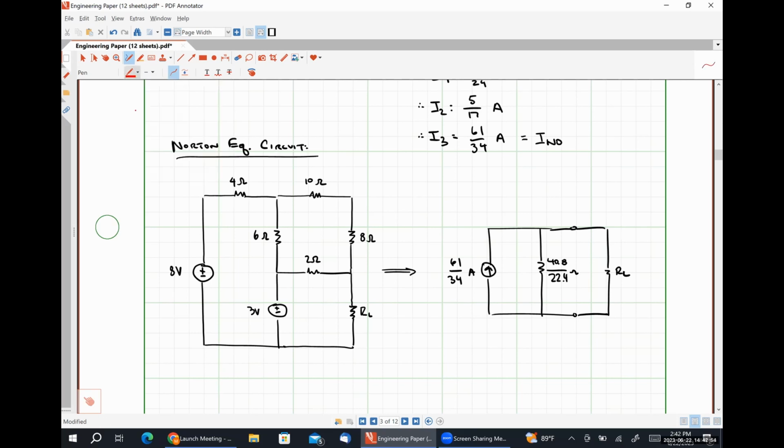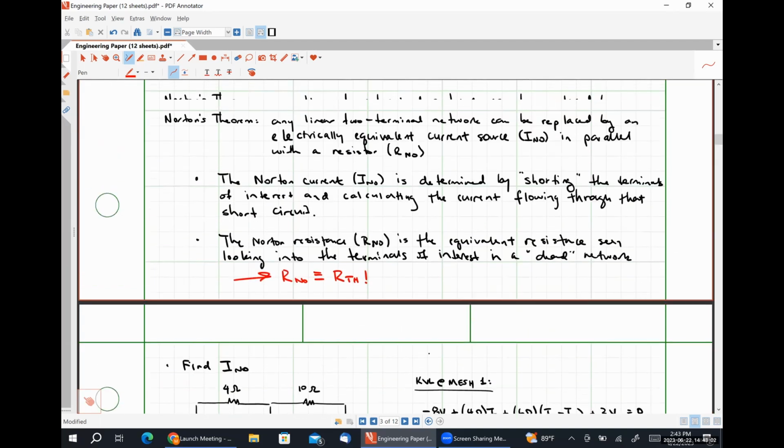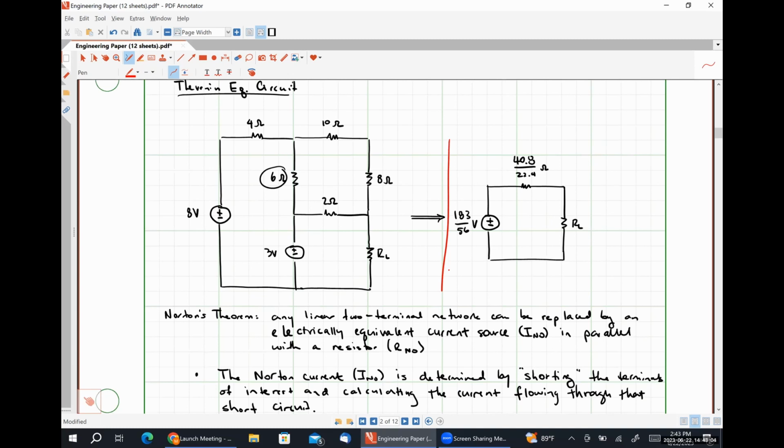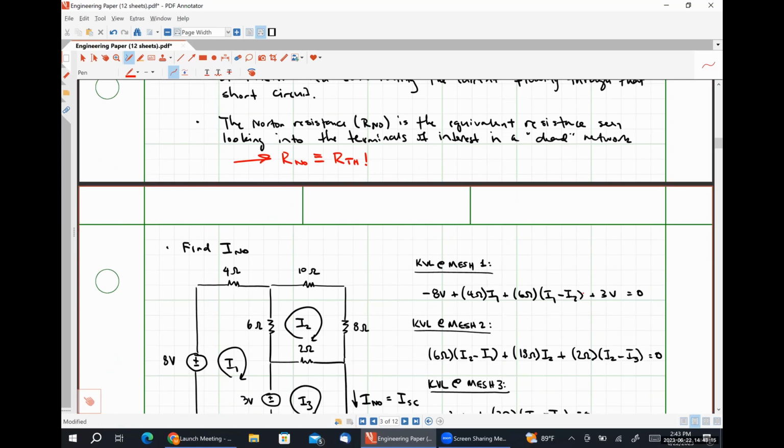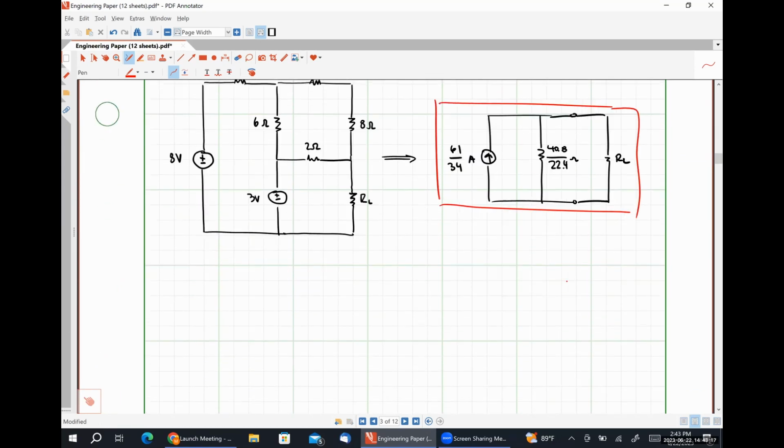So if our Norton equivalent circuit is electrically equivalent to our original circuit, and our Thevenin equivalent circuit is electrically equivalent to our original circuit, then it stands to reason that these two circuits are electrically equivalent to each other as well, right? And we can prove that actually pretty quickly here, right? So effectively, the Norton equivalent circuit is the source transformation of the Thevenin equivalent circuit.